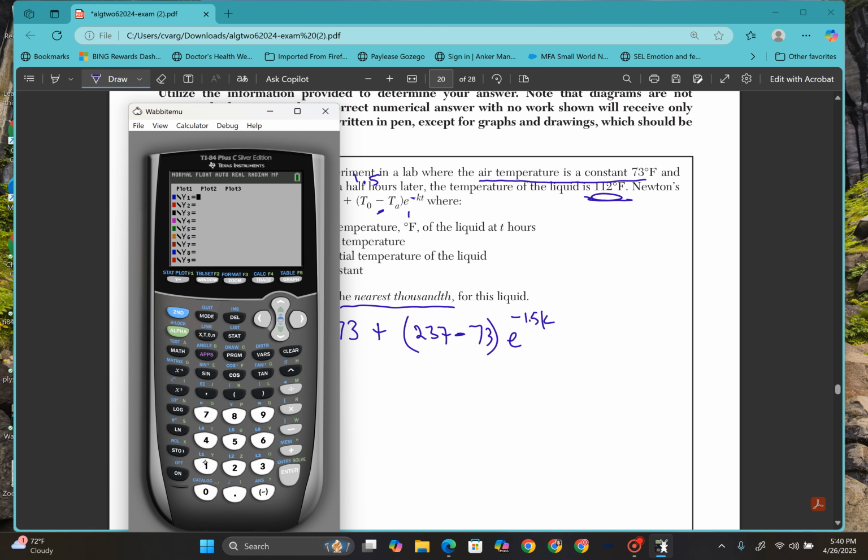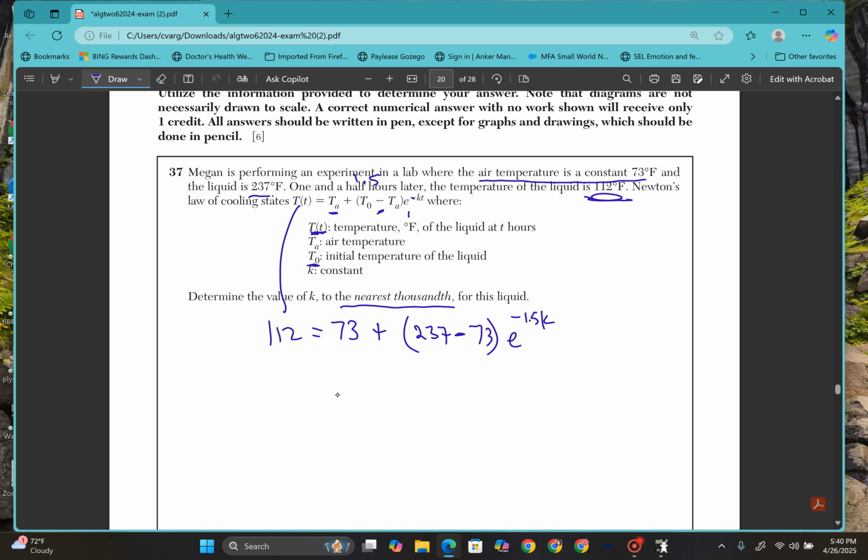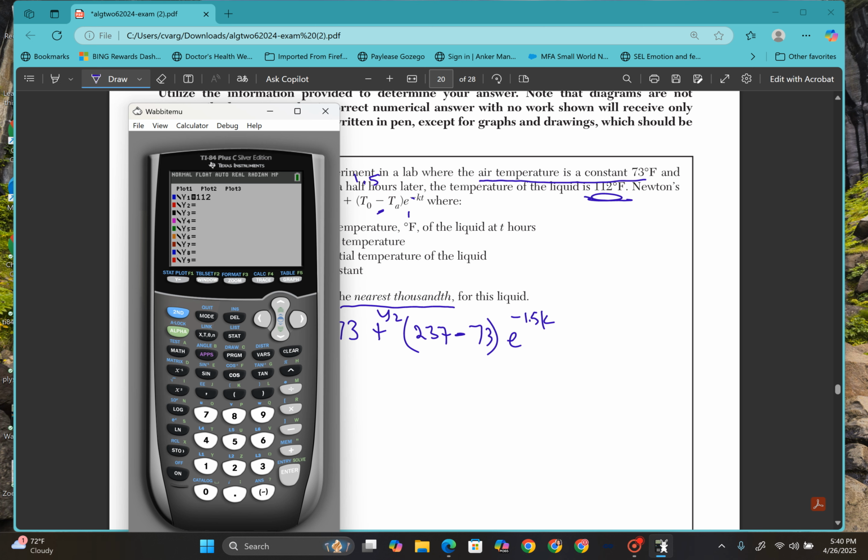I can type in 112 under my y1, that's whatever's on the left side of my equal sign. So I plugged in y1 here, and I can plug this whole baby in under y2. So I have 73 plus parentheses, 237 minus 73 again, close parentheses.